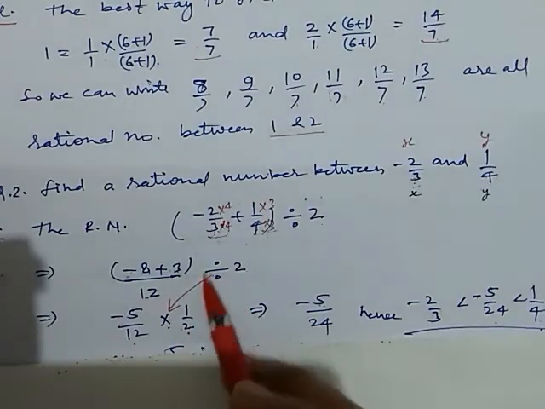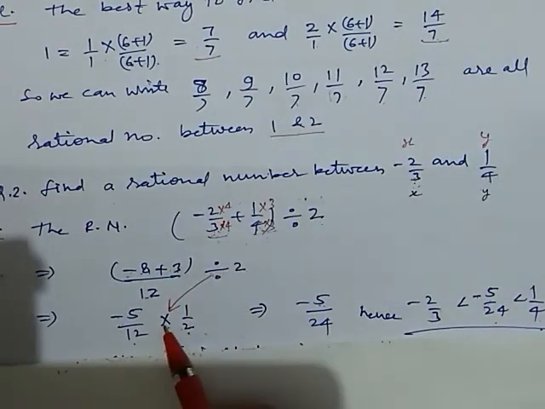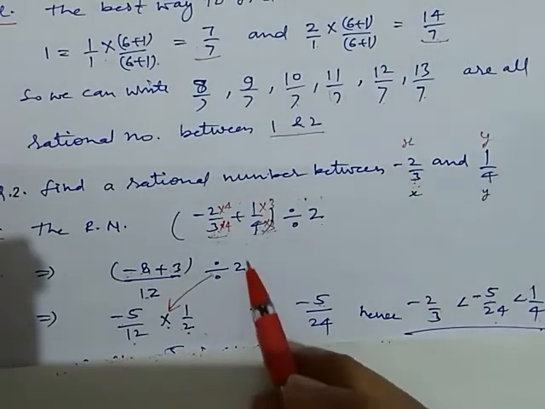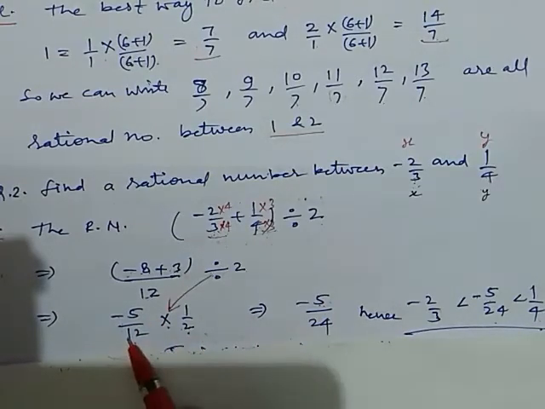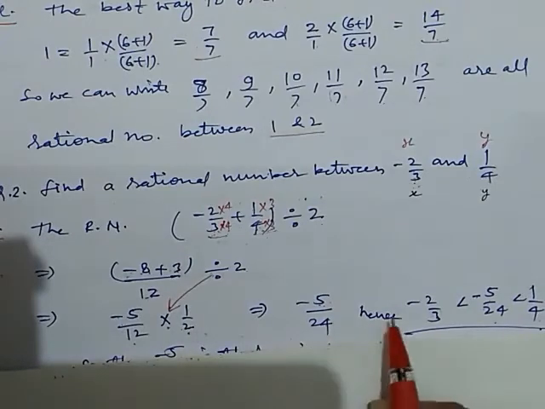This division sign is converted into a multiplication sign, and this number is inverted. By inverting this 2 we get 1 by 2. Now multiply: minus 5 into 1, minus 5; 12 into 2, 24.